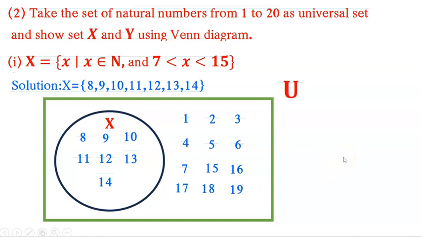Okay, this is the required Venn diagram. X दाखवलाय आपण यामध्ये. X has the elements which lie between 7 and 15: 8 9 10 11 12 13 14. आणि हा U यामध्ये दाखवलाय आपण other than X.